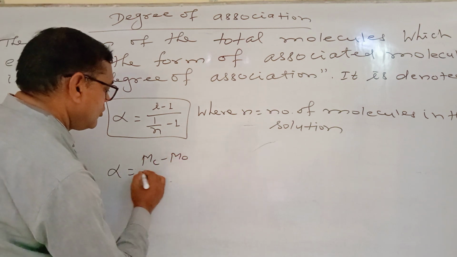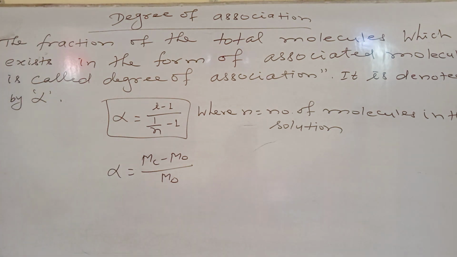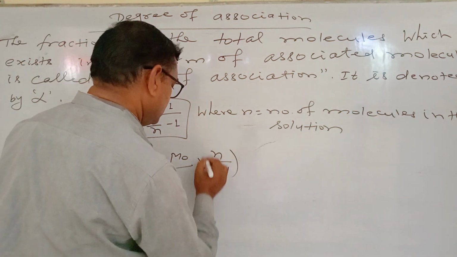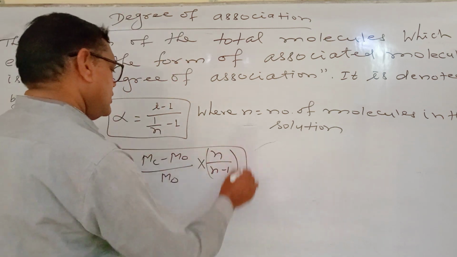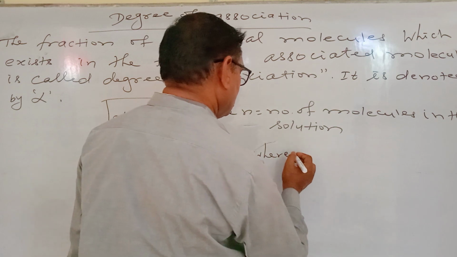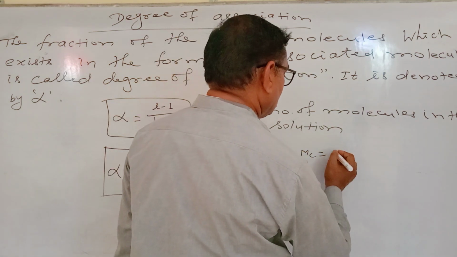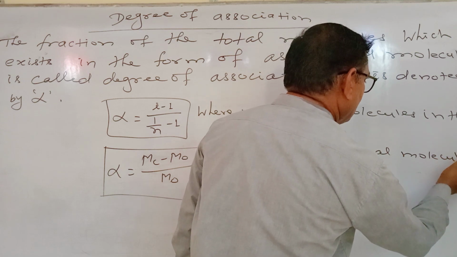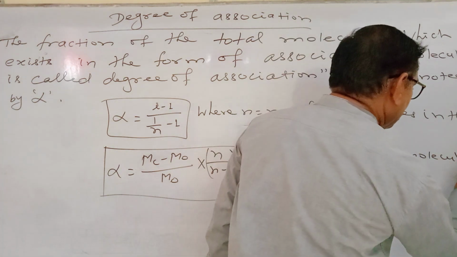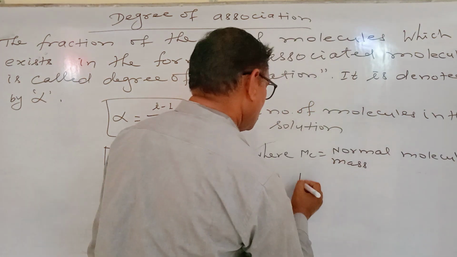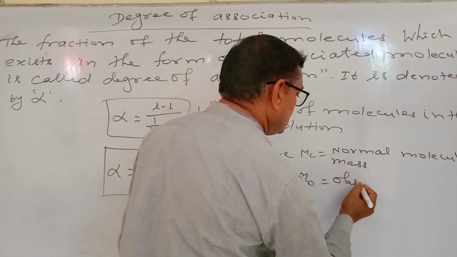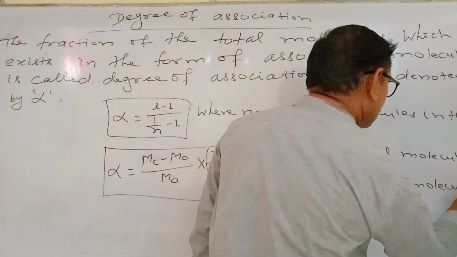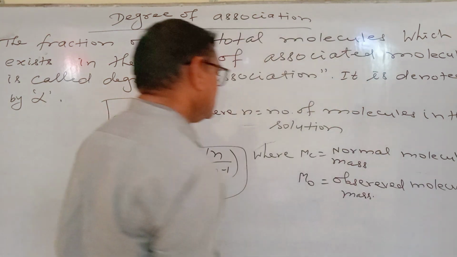Alpha is equal to Mc minus Mo upon Mo into n upon n minus 1, where Mc is the normal molecular mass and Mo is the observed molecular mass. Now end the chapter.